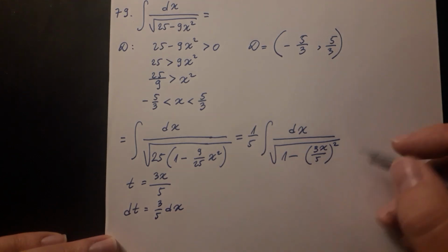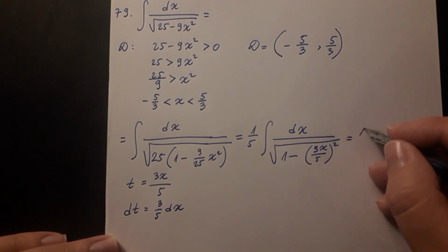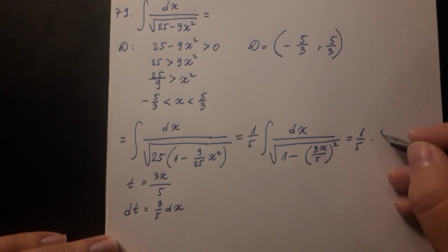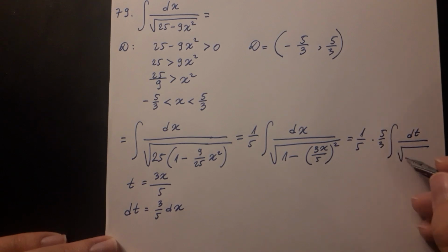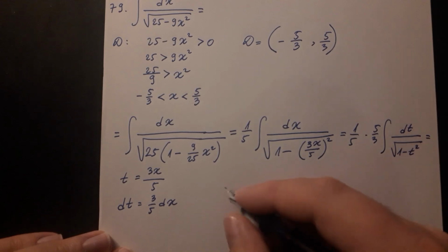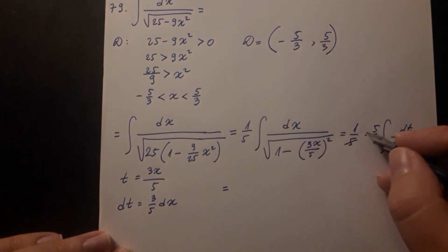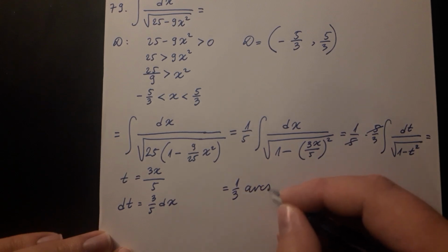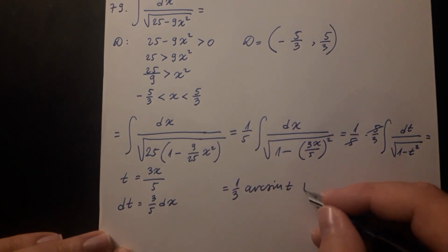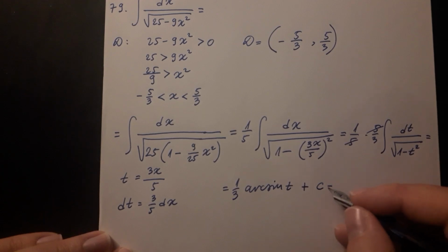Then our integral becomes 1 divided by 5 times 5 divided by 3, integral of dt divided by a square root of 1 minus t squared. This is then equal to, 5 and 5 can cancel out, 1/3 of arcsine of t plus an arbitrary constant c.